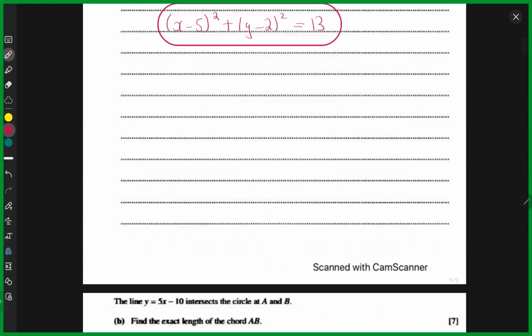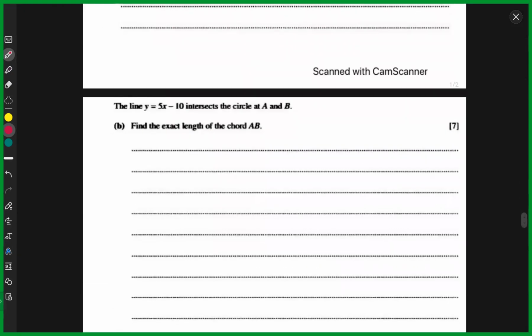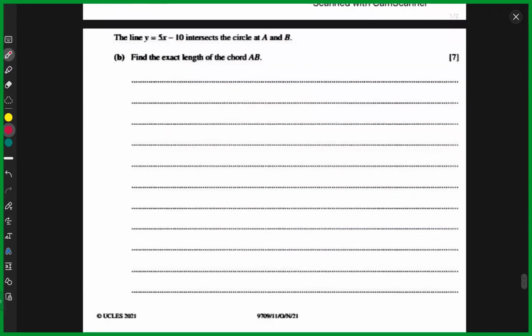Okay. The next part says the line y equals 5x minus 10 intersects the circle at A and B. Find the exact length of the chord AB. Now, again, they're talking about the same circle whose equation we got.